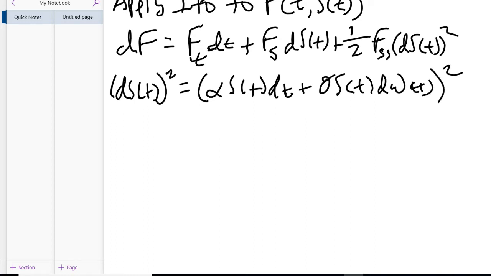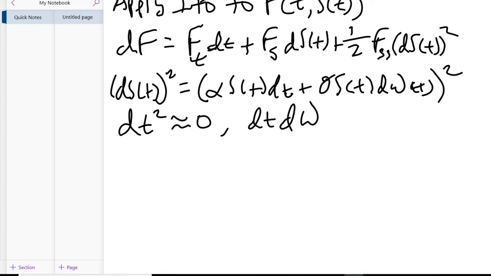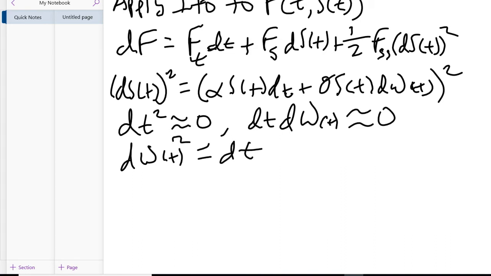Now it's important to remember the Ito multiplication rules. I don't even know if that's what they're called, but it's the idea that dt squared is effectively 0 and dt dW_t is also effectively 0, and dW_t dt the same thing. The only thing you're left with is the dW_t squared term, which becomes dt.